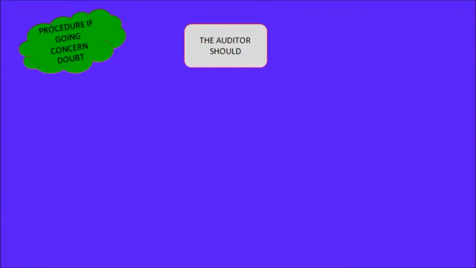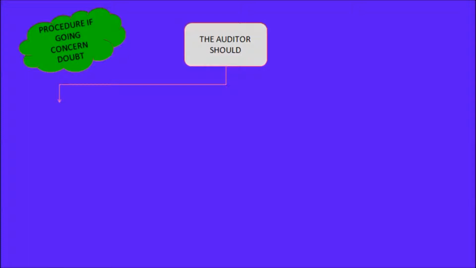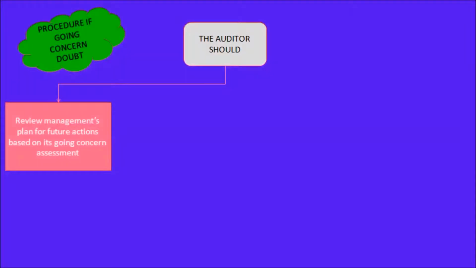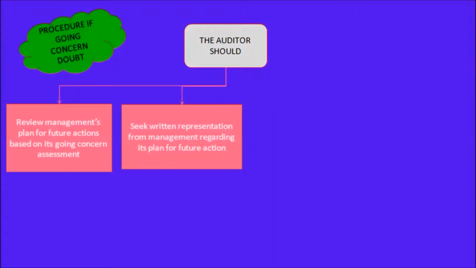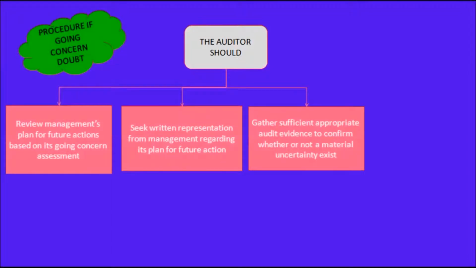The auditor should first review management plan for future action based on its going concern assessment. Next, they should seek written representation from management regarding its plan for future action. Then, they should gather sufficient appropriate audit evidence to confirm whether or not a material uncertainty exists.